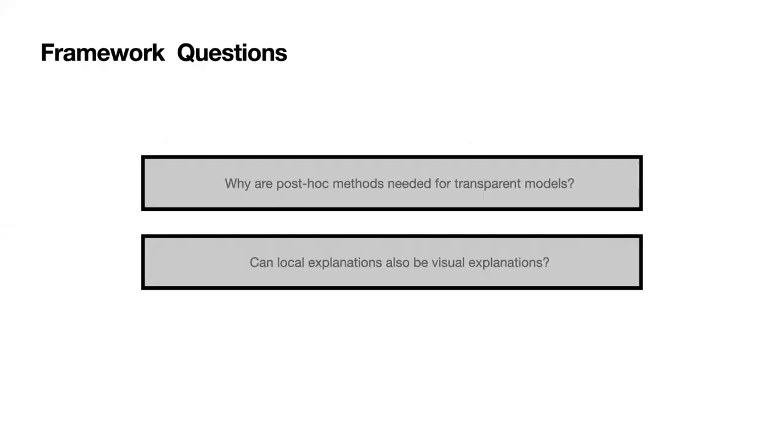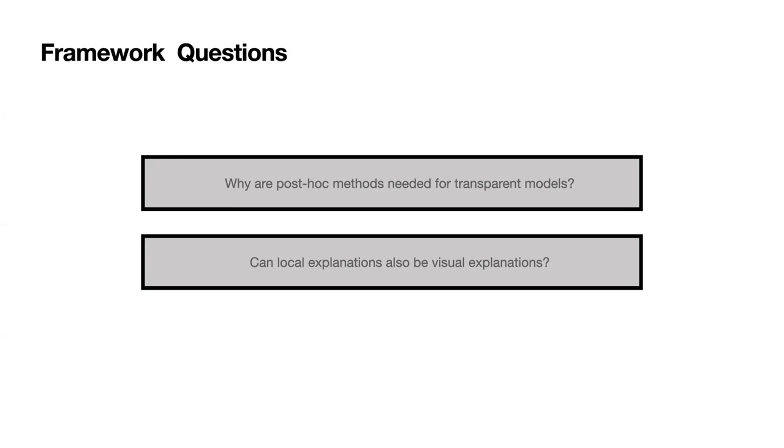So those are the key takeaways. Let's think about some framework questions for now, some open questions. The first one is relatively easy to answer, right? As we said, if you have decision trees with many nodes, then it is obvious that it's hard for the human to understand what the model is doing.